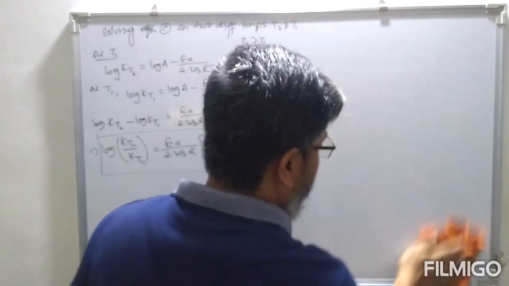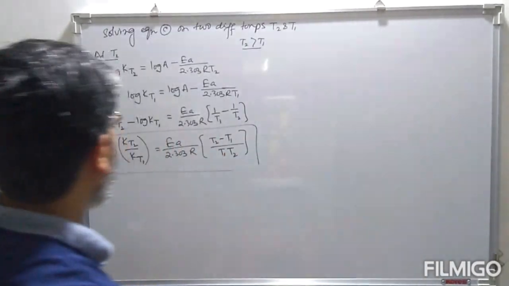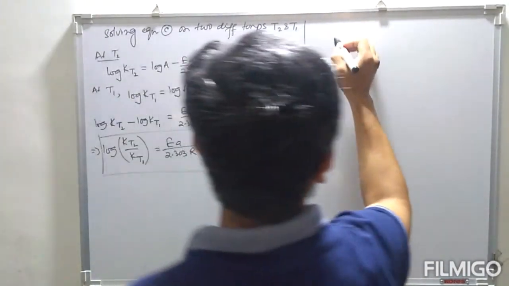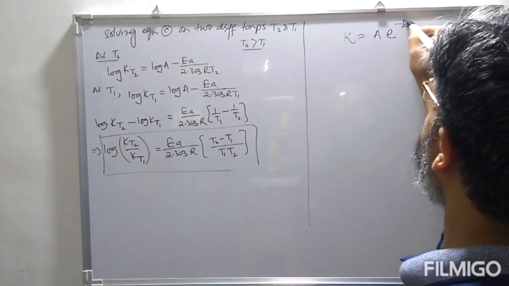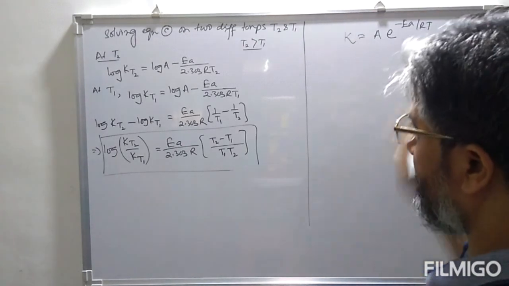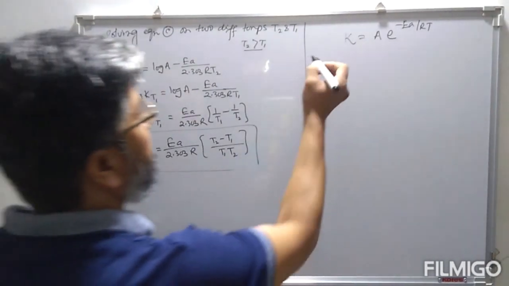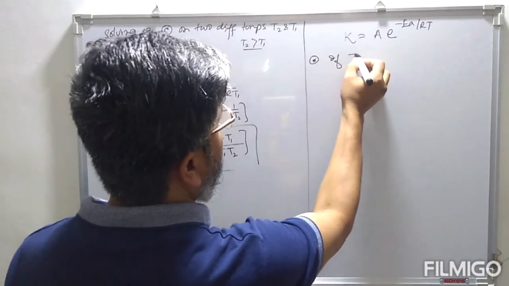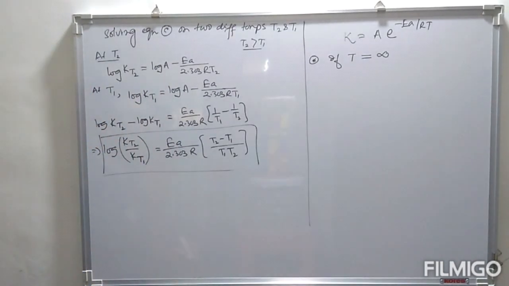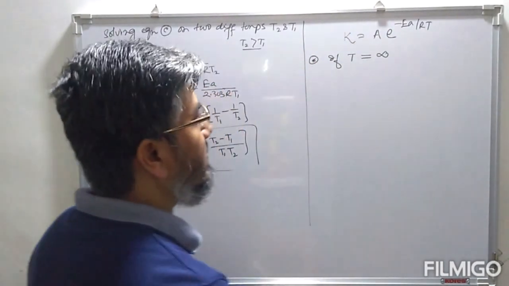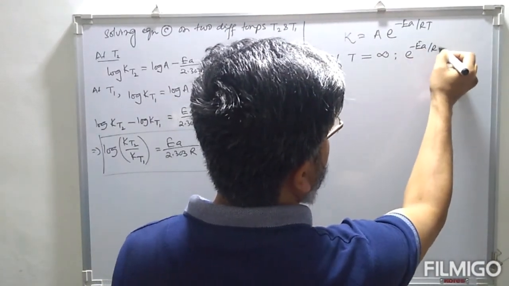Now, in this equation we have k equals A exponential minus Ea by RT. This is the basic equation. Now let's see what happens if temperature is increased to an infinitely large value. If T is infinity, very large, then look at this exponential minus Ea by RT.